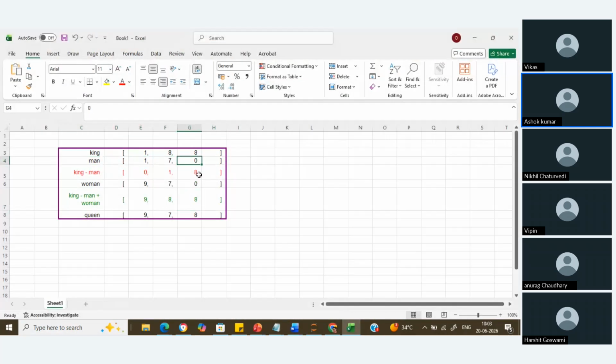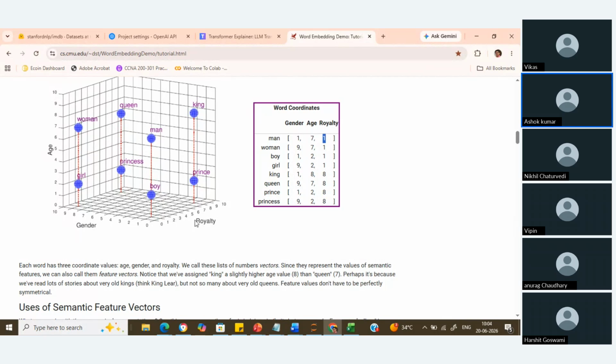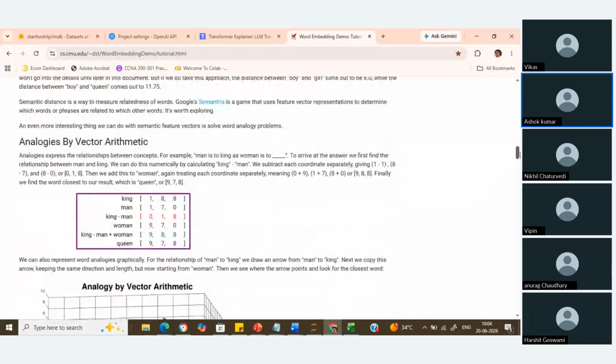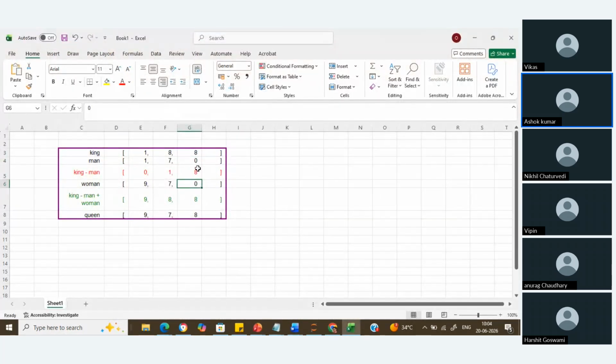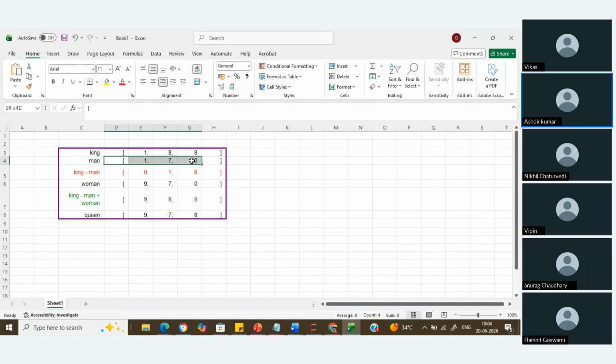So the royalty of man will be 0. The value is 0, and these are gender, age, and royalty.